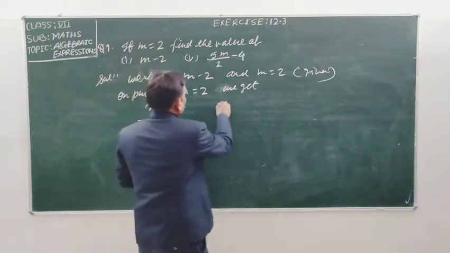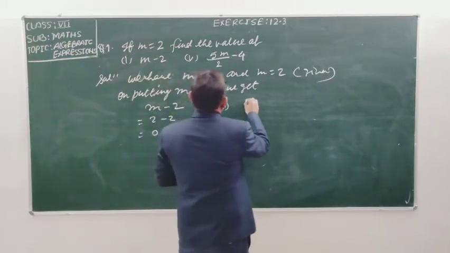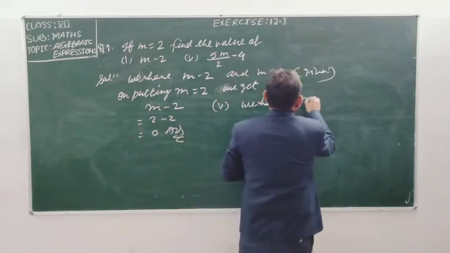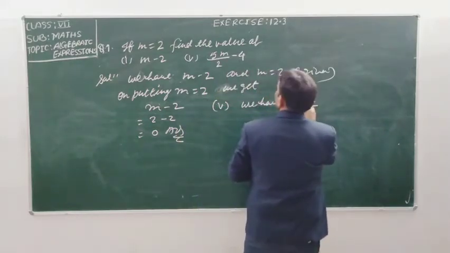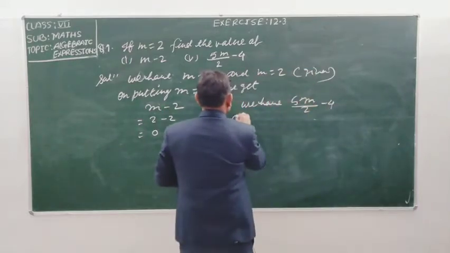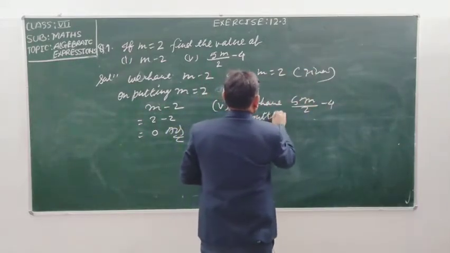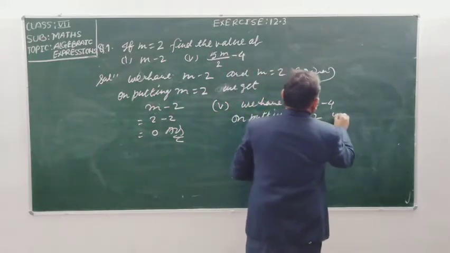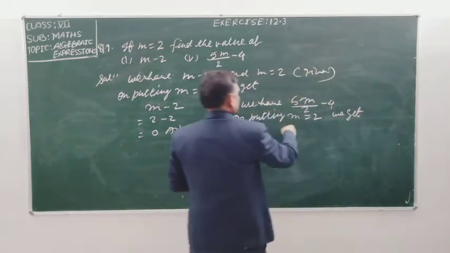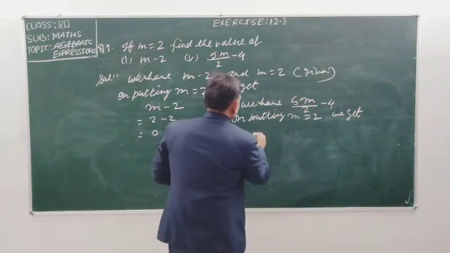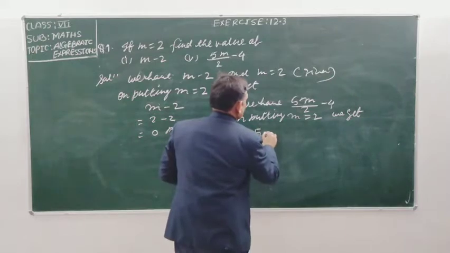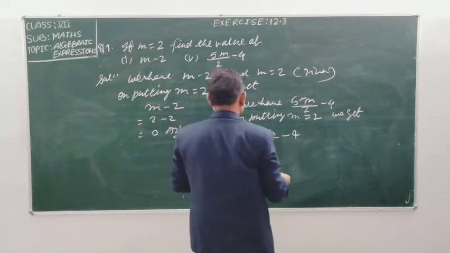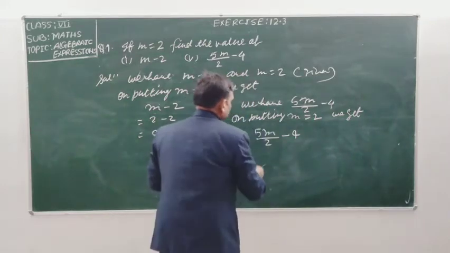In the same way, student, we take 5m upon 2 minus 4. On putting m is equal to 2, we get, जब आप 2 रखेंगे तो क्या मिलेगा आपको? 5m upon 2 minus 4, put the value of m in this expression.